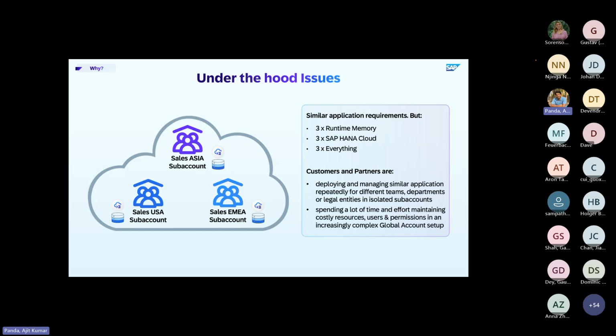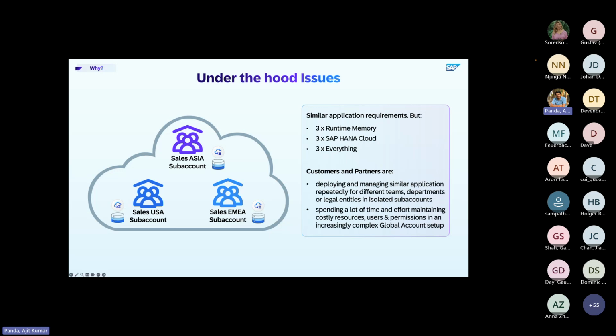So this leads to using the resources of SAP BTP multiple times for the same purpose, but not effectively, right? Three different applications use three times runtime memory, three SAP HANA Cloud instances, essentially three times of everything, right?